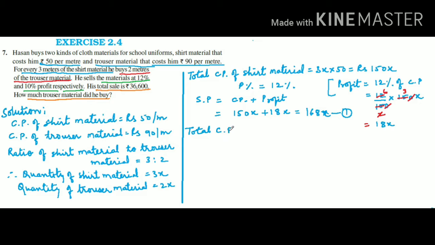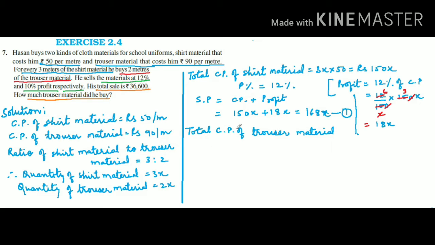Now total cost price of trouser material. To get it, we'll multiply the total quantity of trouser material by the cost per meter.